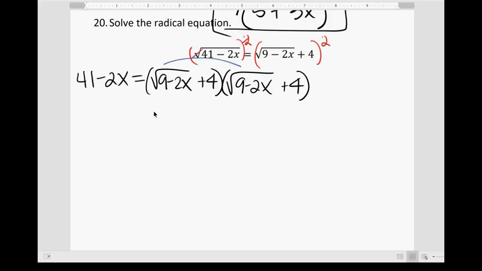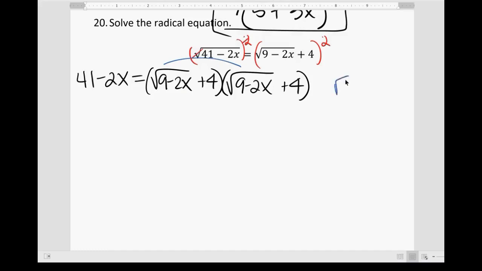So I'm going to have 2 times the square root of, no, I'm multiplying. So when you multiply two square roots with the same radicand, sorry, I'm using all kinds of wrong words, what happens is that you end up with just that radicand.